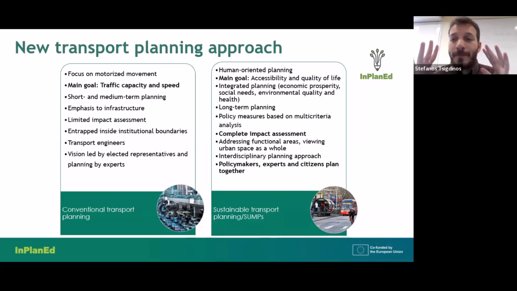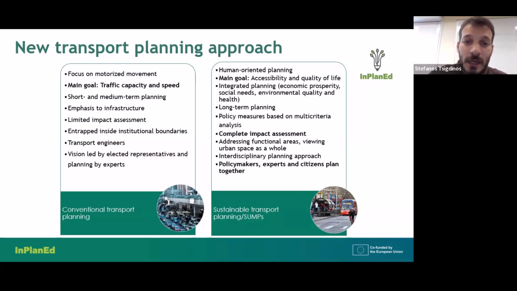So what we can find in a SUMP is an interdisciplinary approach. We can find policymakers, experts, and citizens who plan together through some participatory approaches, more active or more simple. It depends, but we have to underline that.